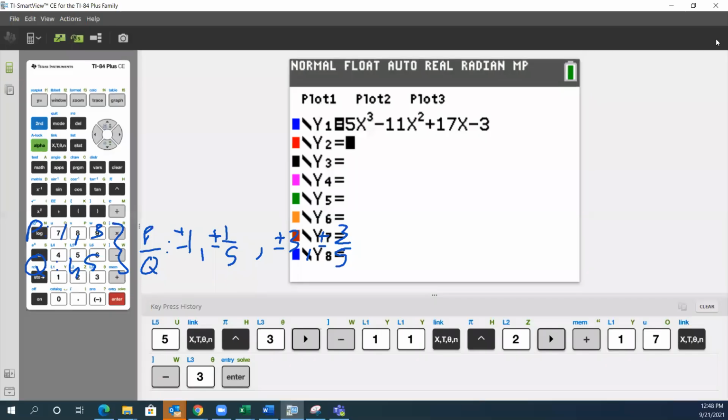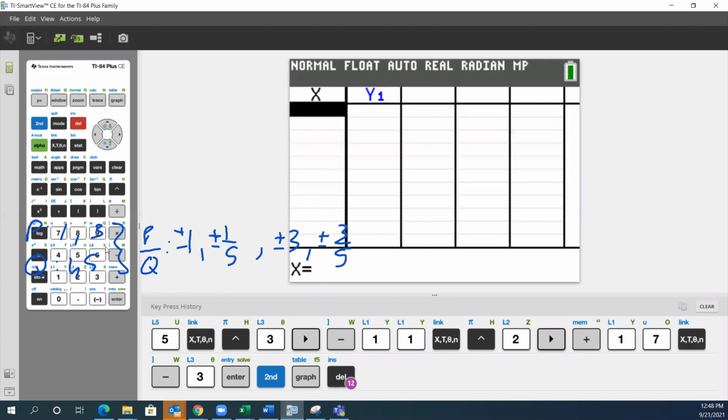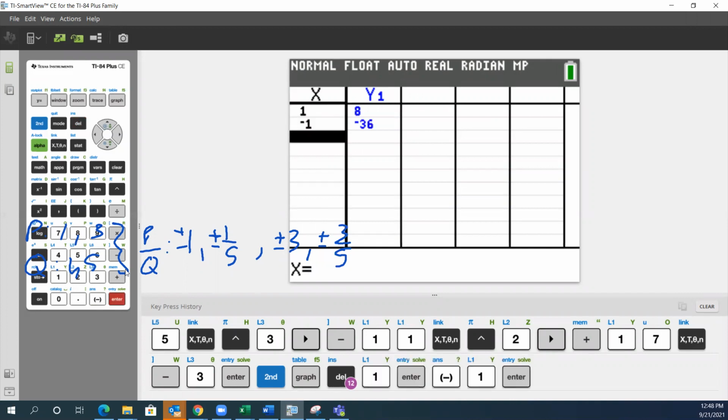Okay, so I've got this guy here. So now I'm going to go to the table, hit delete a few times. Okay, then let's start plugging in numbers. All right, 1, no, -1, no. 1/5, yes, 1/5 works.